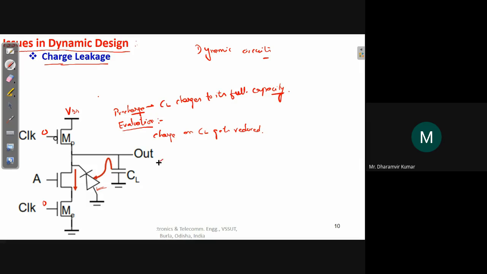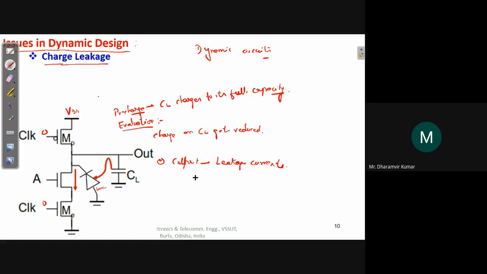So who is the culprit here? The culprit is the leakage currents. Since the magnitude of these leakage currents is small, it will result in a small reduction in the charge content of the load capacitance, and we don't want that.